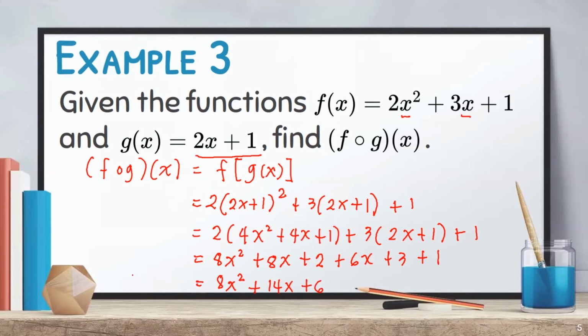So therefore, the final answer is 8x squared plus 14x plus 6. Okay, let me box it. There you go.